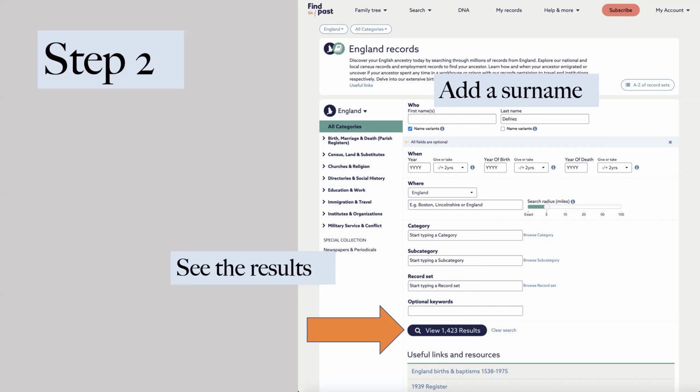If you have a very, very common name with millions of people, then you have a completely different challenge out there in your genealogical research.